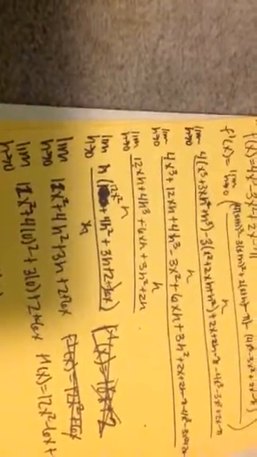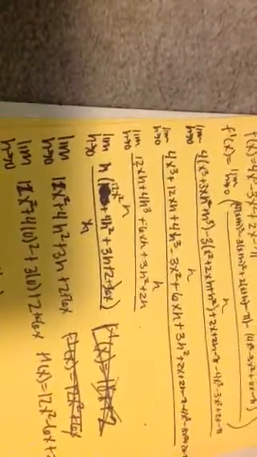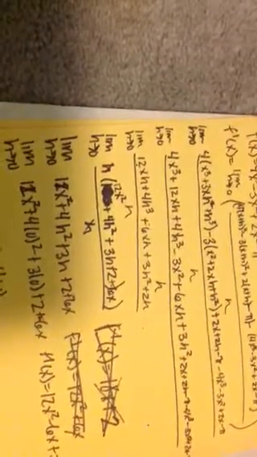Then we are left with the limit as h approaches 0 of 12x squared plus 12xh plus 4h squared minus 6x minus 3h plus 2. And then we're going to plug in 0 for h, and then we are left with 12x squared minus 6x plus 2. And that is going to be your first derivative.